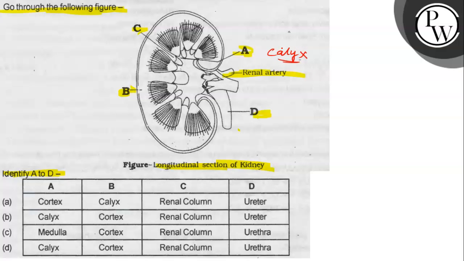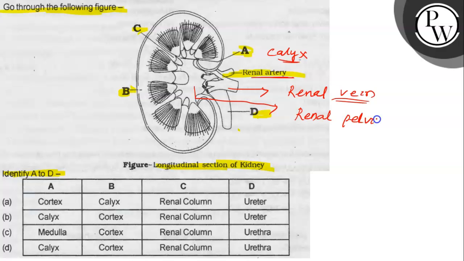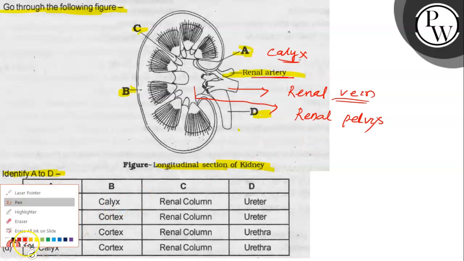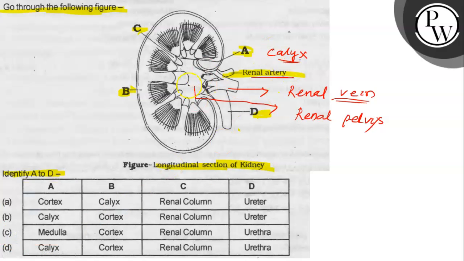This is the calyx part, and this is the renal artery, and after the renal artery this is the renal vein. This renal vein is connected with the renal pelvis. This is the renal pelvis structure. So this internal part is the renal pelvis.